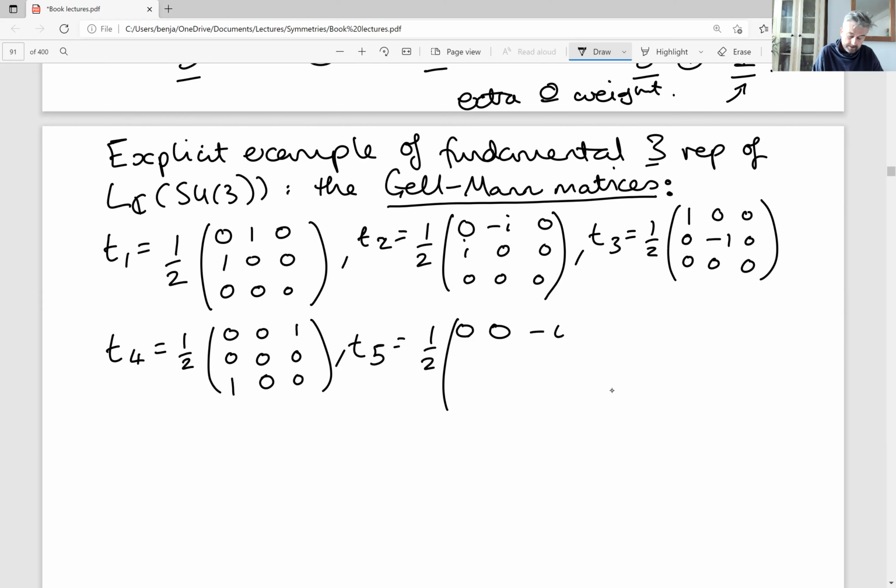Now, these don't correspond, as we'll point out in a second, to mathematics conventions. They're in the physics conventions, that's why I've written little t's.